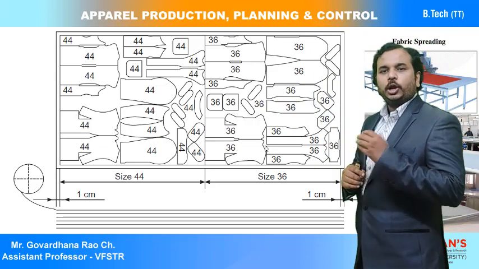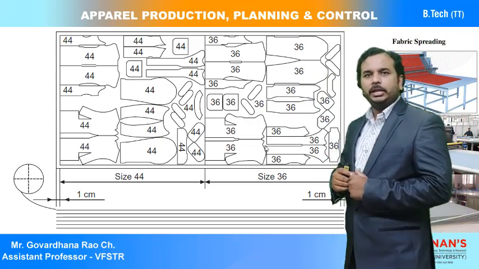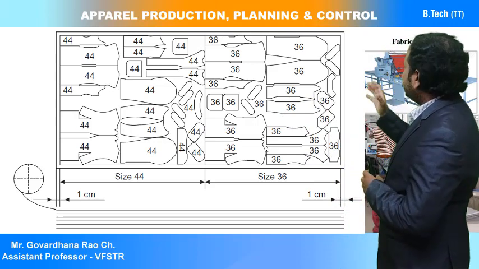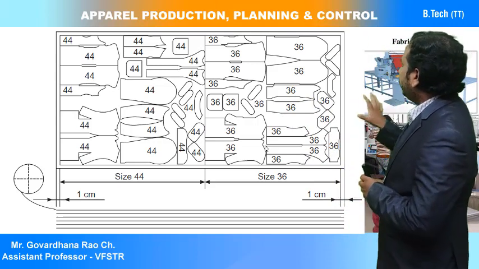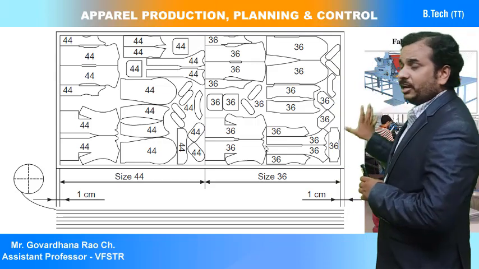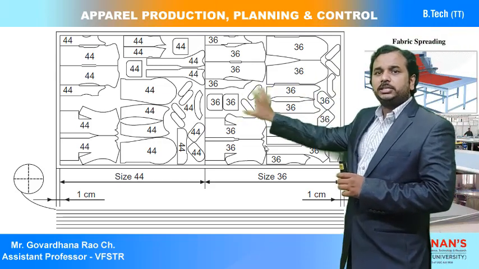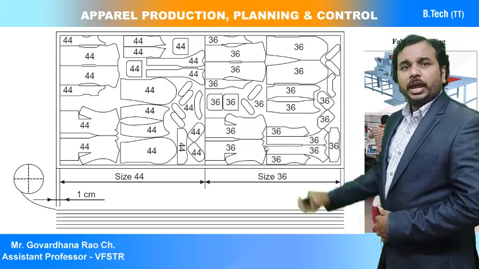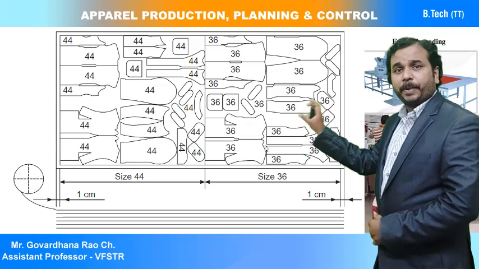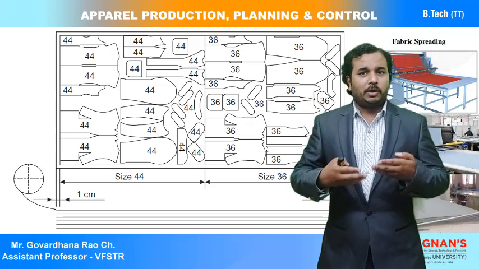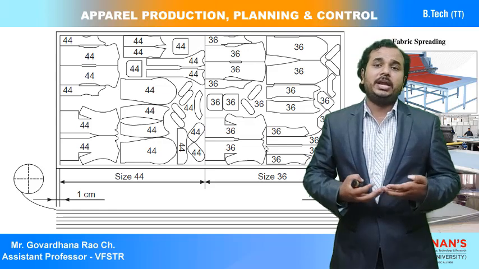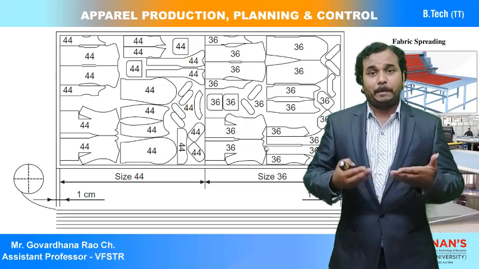These 2 sizes, 36 and 44, have equal ordered quantities. Now what we have done is keep all the components of size 36 in one area, and the components of size 44 in one specific part, and clubbed both together to make one particular marker.